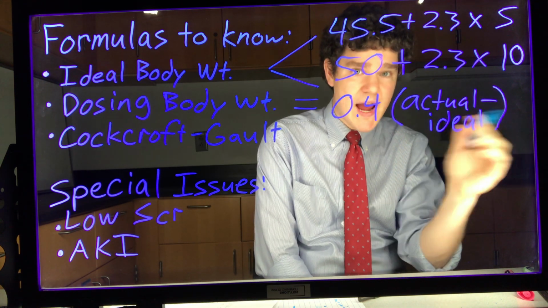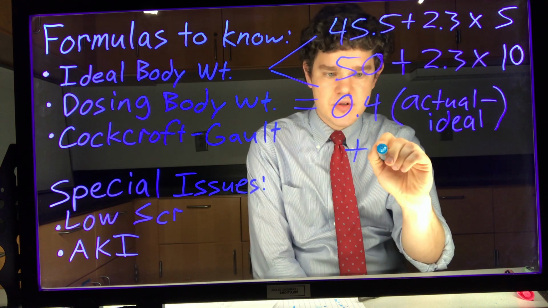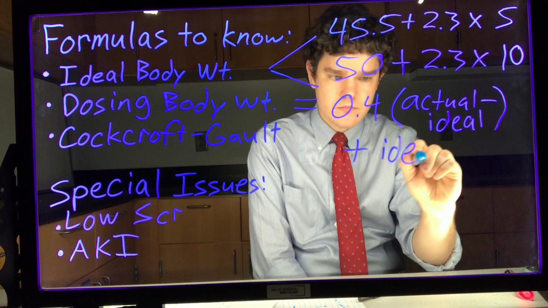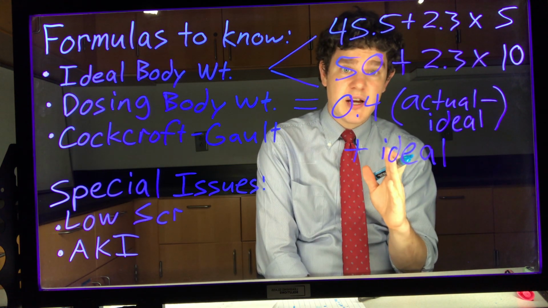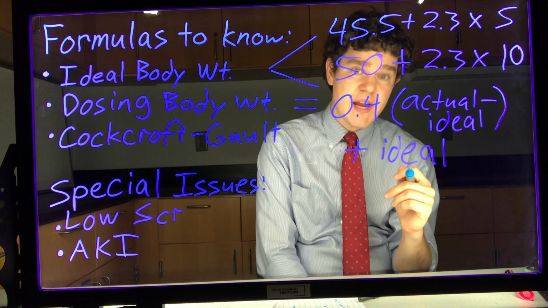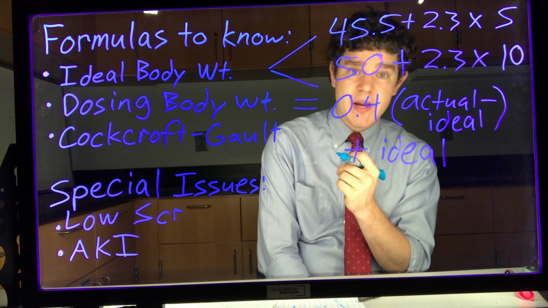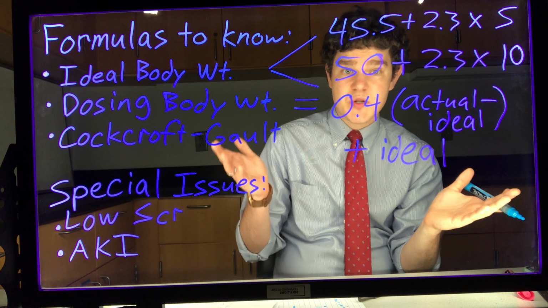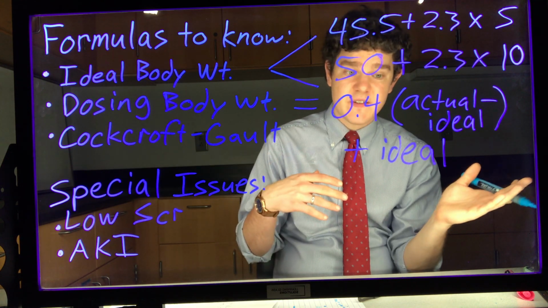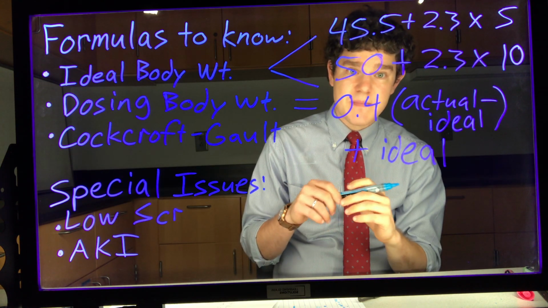And then I'm going to add that to my ideal. So in this situation, I might have a patient that weighs 100 kgs, their ideal body weight is only 50 kgs, and I'm going to take the difference between those to figure out what my dosing body weight is going to be.